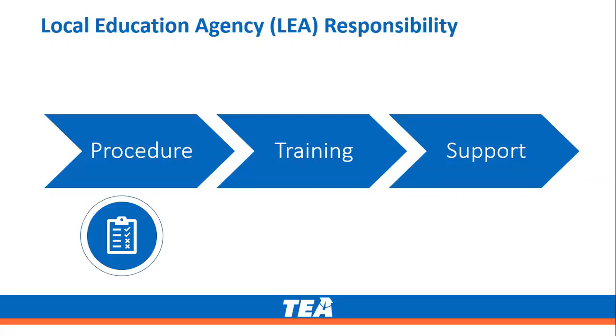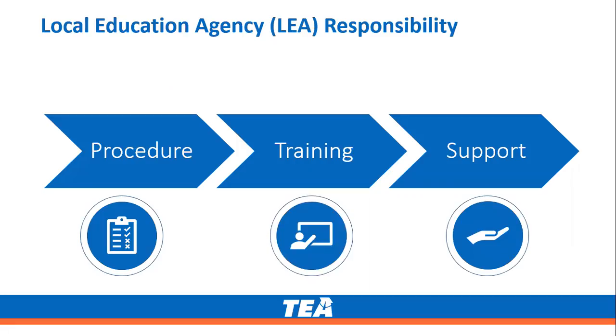A second important responsibility of LEAs is to have a developed training for school staff that is ready to be delivered. And the third important responsibility is that the LEA should provide support and guidance to school staff and parents regarding progress monitoring throughout remote learning.